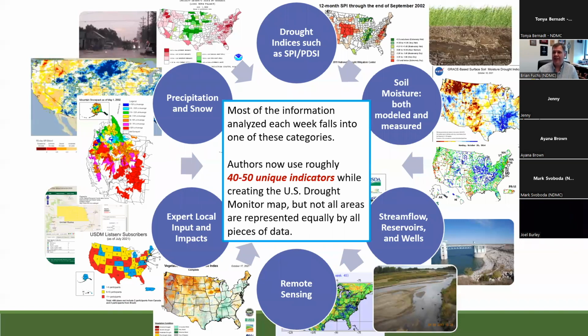It's just showing an example of the different types of tools and products that the Drought Monitor authors are getting each week. I will say I skimmed this over as well during the presentation, but the work is done all in ArcGIS. So the authors, back in the day, we were printing out maps and we were eyeballing the maps and trying to draw the lines.